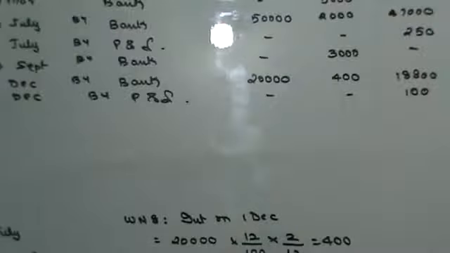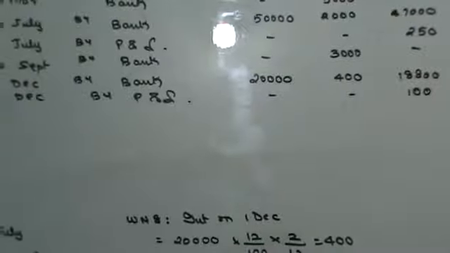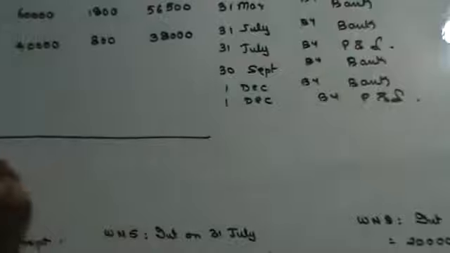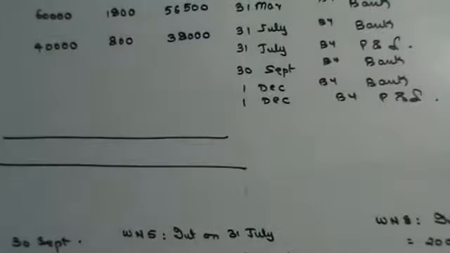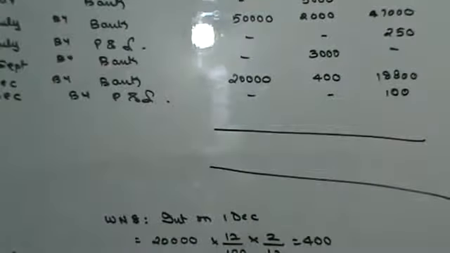Now let's tally the account, guys. You are supposed to close the books of accounts on 31st December every year. Let's tally the account. Always tally the nominal account first. So that's 1 lakh.